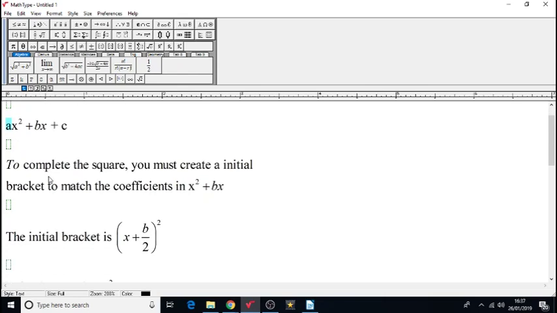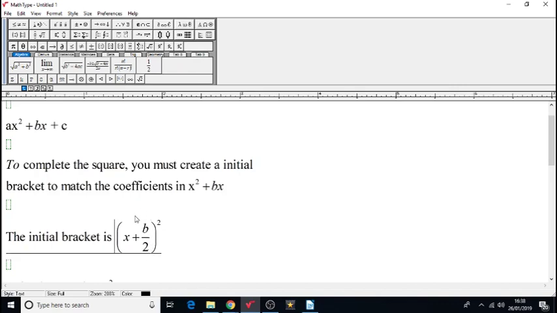So to complete the square, you must create an initial bracket to match the coefficients in x squared plus bx. So the initial bracket is x plus b over 2, all in brackets squared. So you have to match this to this, basically.